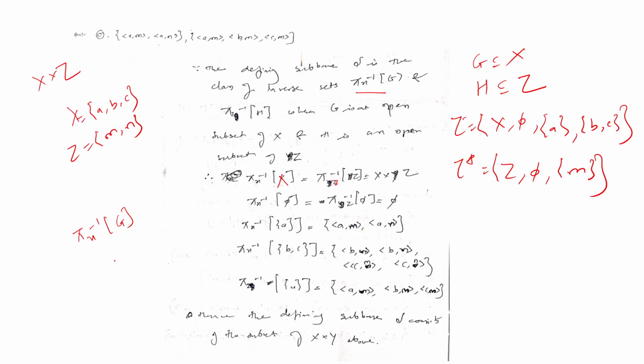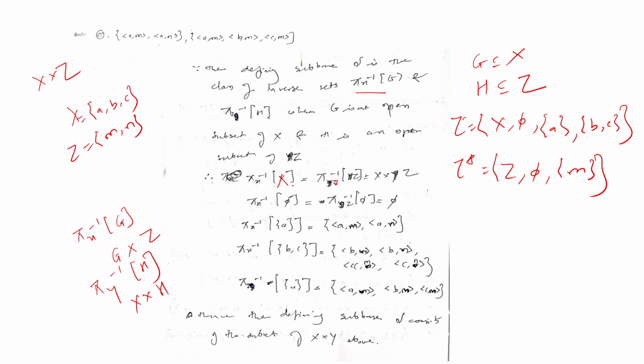So it will be G cross the other set, whole set, right? And if you are taking pi z inverse of H, then it will be X cross H. Okay, so in this manner you have to proceed.